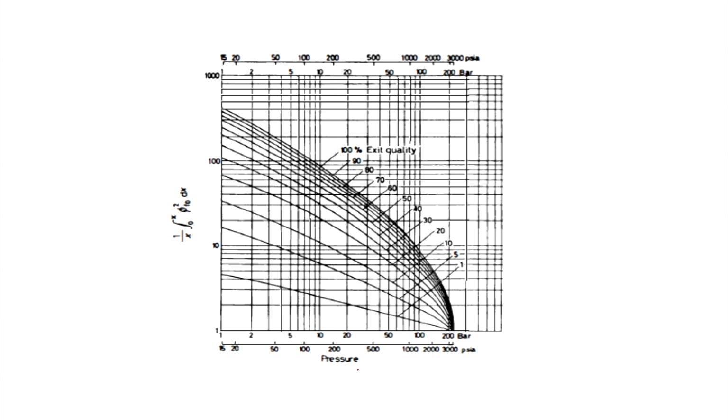So, here we have pressure on the x axis, on the y axis we have phi fo square bar, and for knowing the pressure and the exit quality, we can find phi fo square bar from this figure. The scales are logarithmic, both scales are logarithmic, it is a log-log plot.